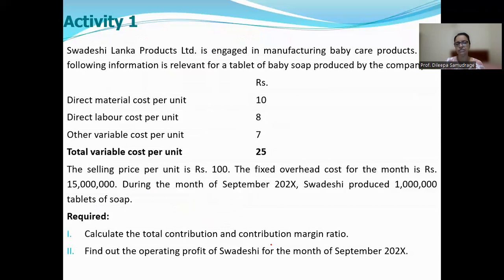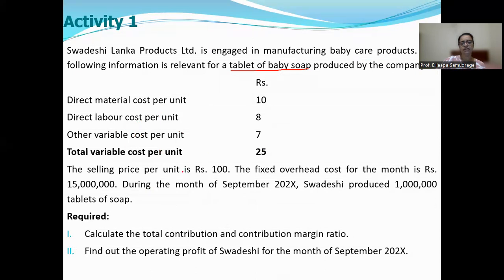Okay, so let's do this question. Please try this one. Sri Lanka Private Limited is engaged in manufacturing baby care products. The following information is relevant for a tablet of baby soap produced by the company. You can see material cost per unit, labor, other variable costs, total variable cost.